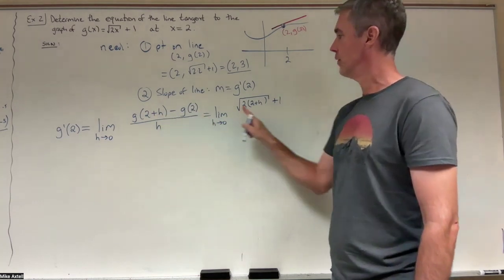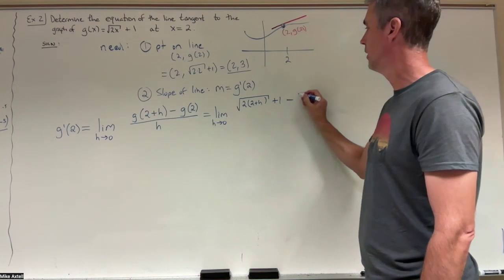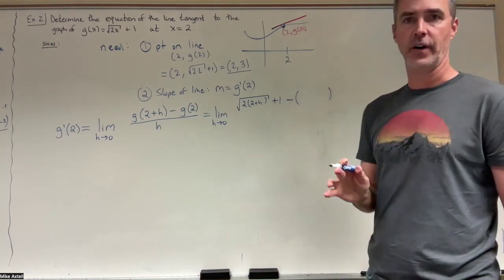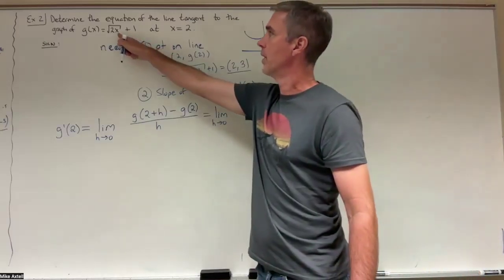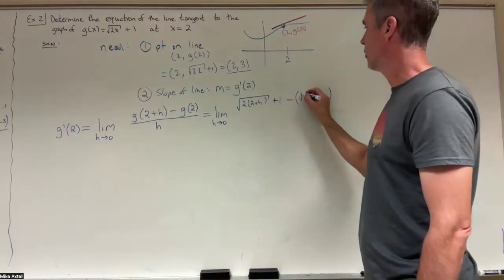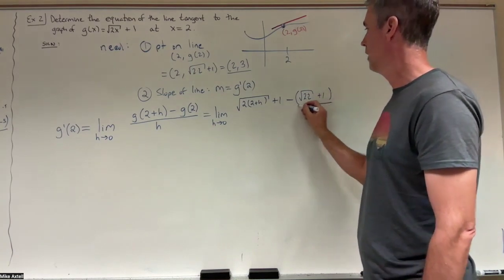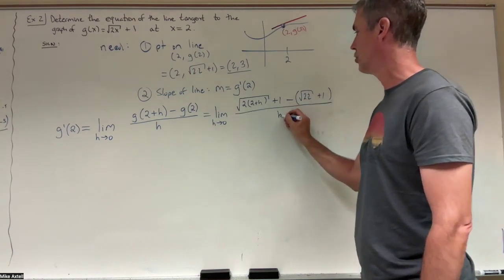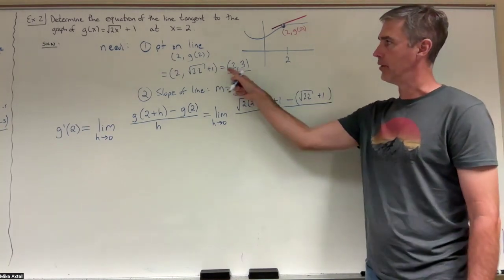So that's g of 2 plus h. And then I need to subtract g of 2. I'm going to do it again just for funsies. I'm going to put the g of 2 in parentheses, replace x with a 2. So it's going to be the square root of 2 times 2 plus 1, all over h.